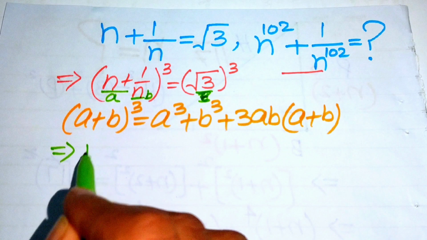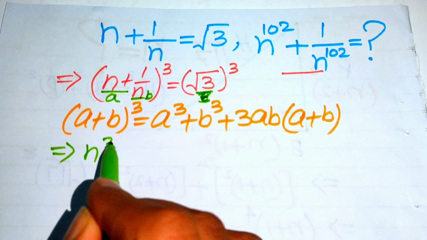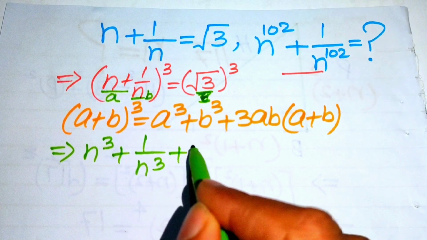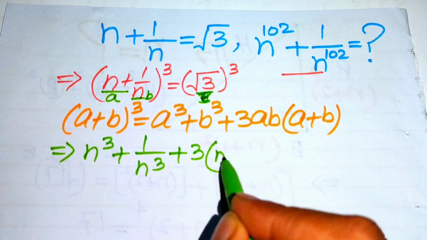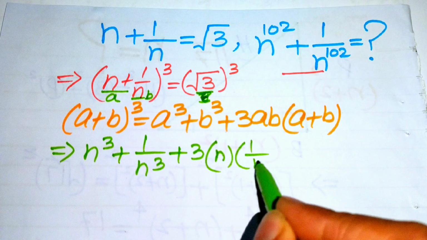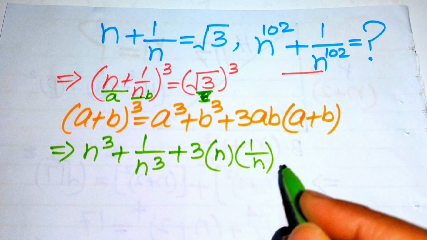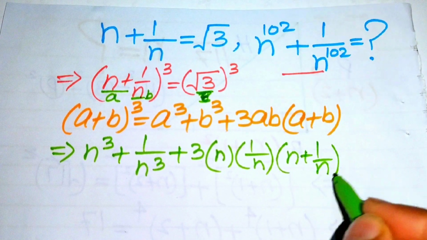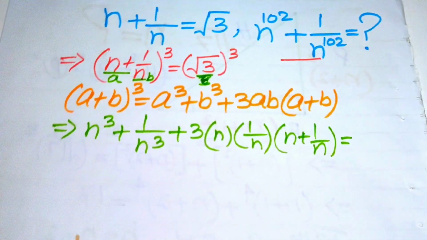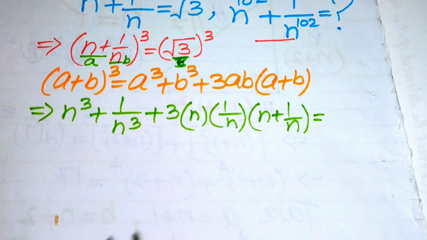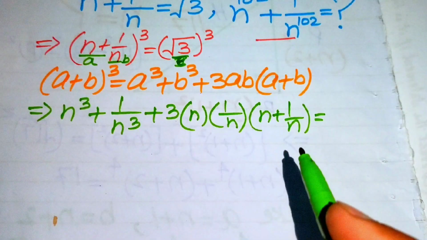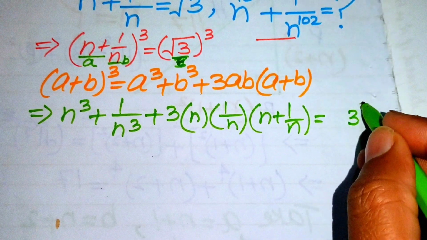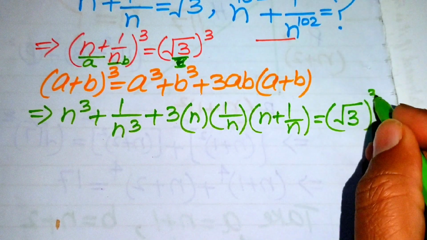So you get n cubed plus 1 over n cubed plus 3 times ab into a plus b, and this whole equals square root of 3 whole cubed.